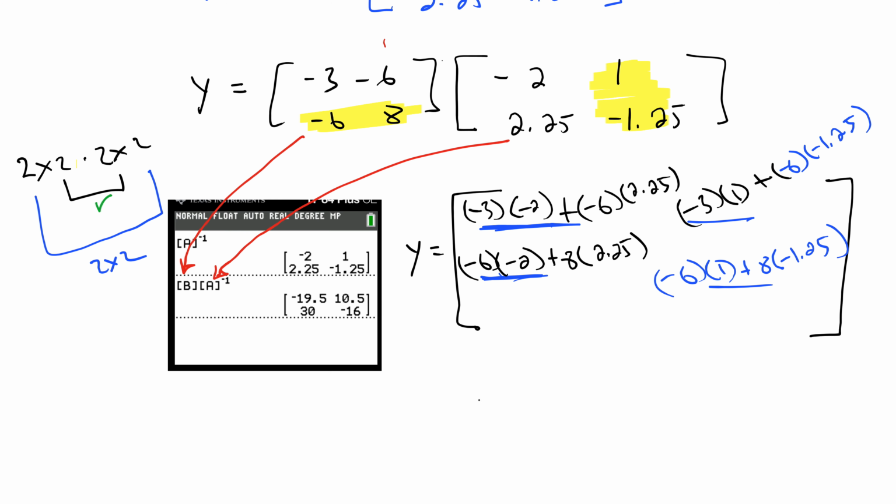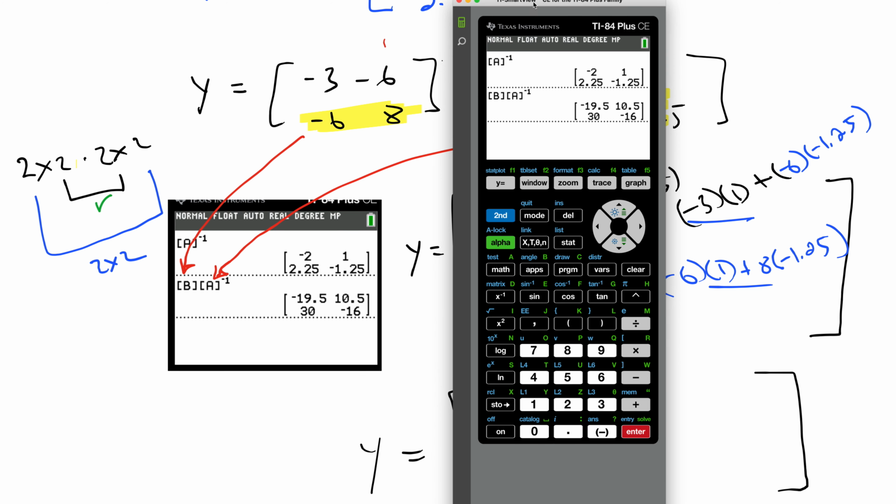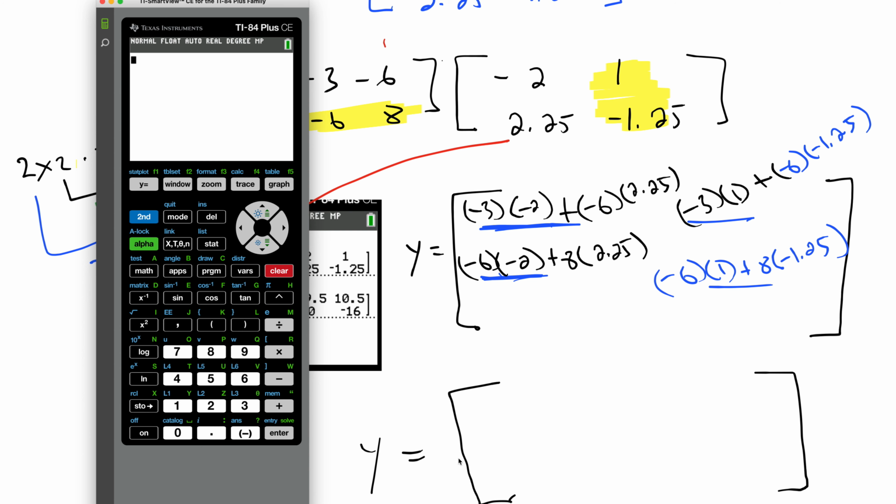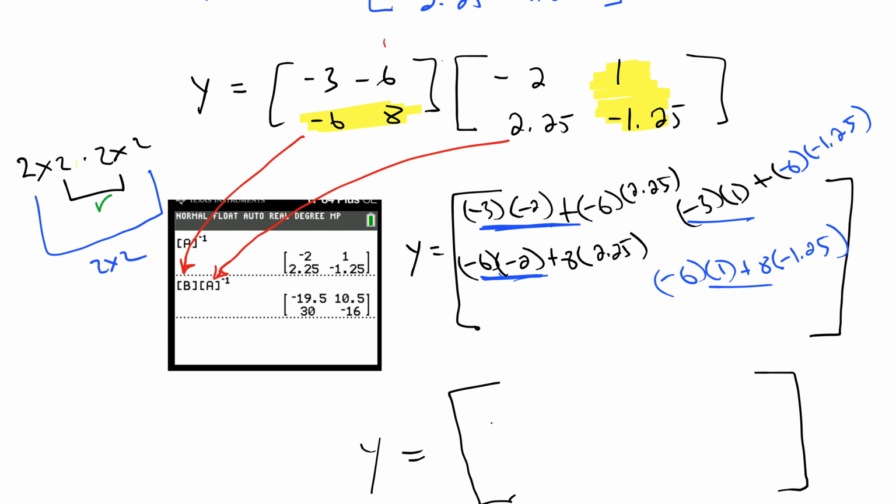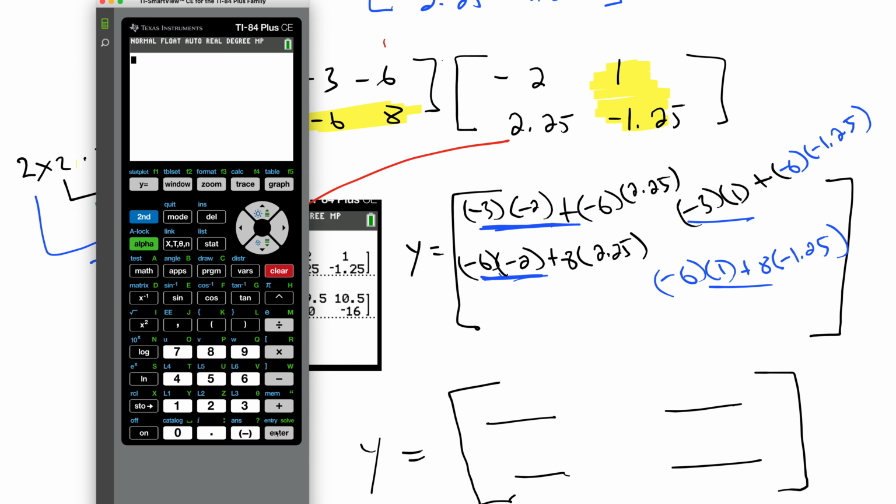So then we go here, and for our final answer, y equals, and you just punch all that out. I'll do the first one, and then we can just copy it down. So it's -3 times -2 plus -6 times 2.25, which is -7.5.